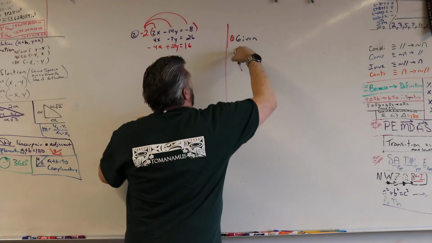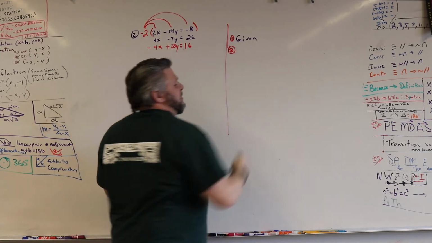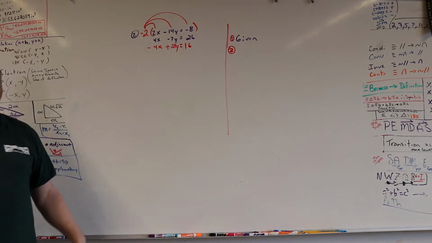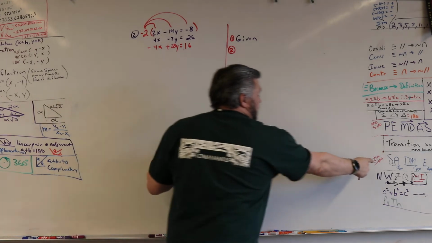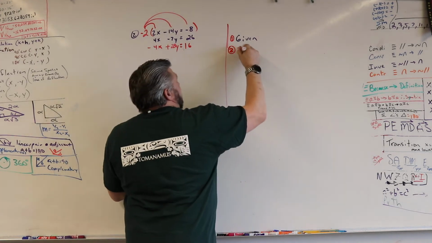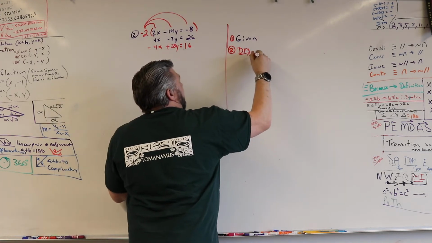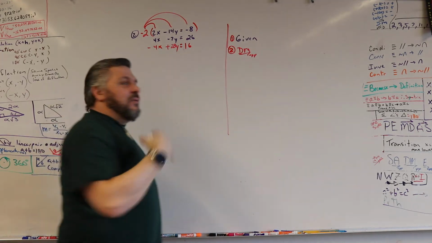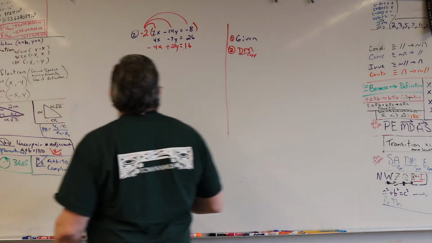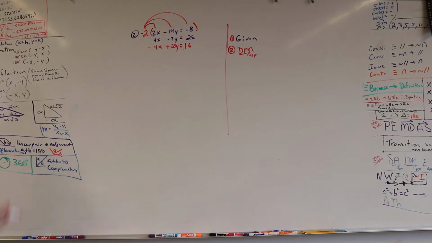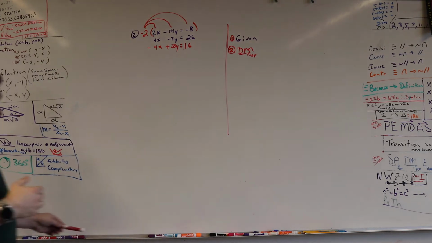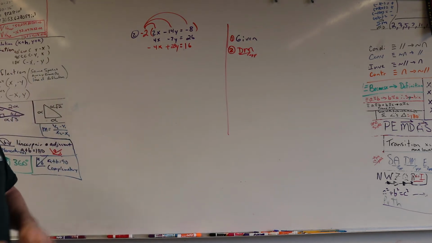Okay? Now, to create that second equation, I had to use DM, right? I had to multiply on both sides. So I used my DM property, okay? Where I multiplied on both sides. Alright? Now I have two equations, and I can use linear combination to solve it, right?